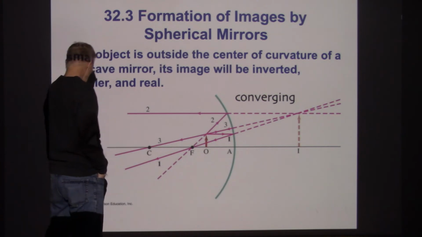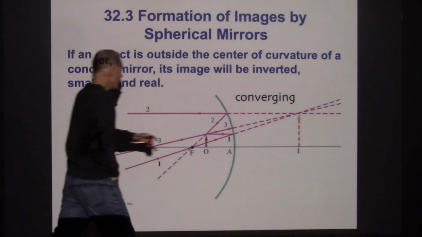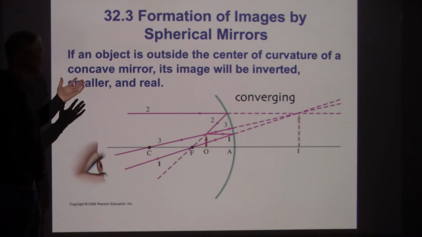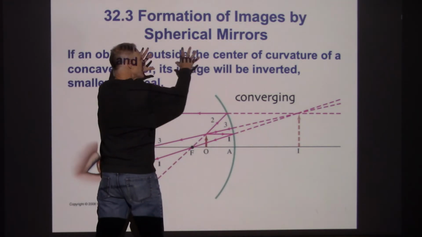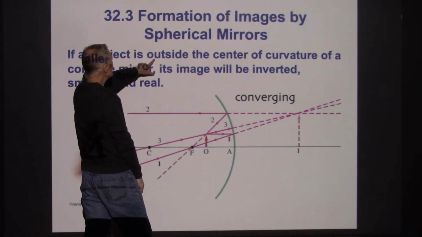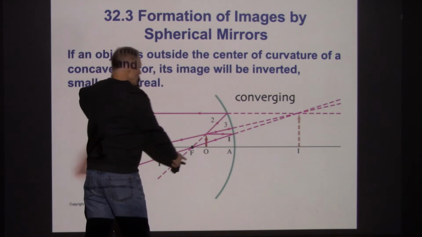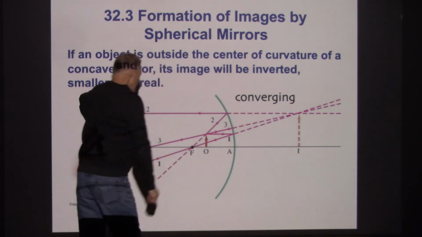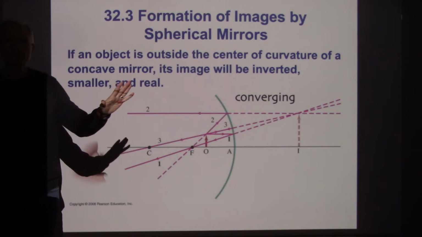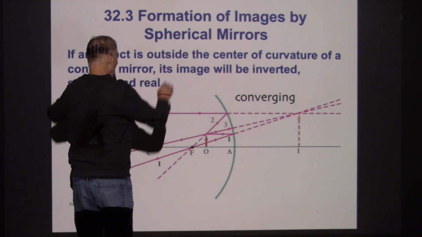What they're saying here is an example of an object placed outside the center of curvature. But what they're showing us in the diagram is an object that has been placed inside the focal point. Okay, so what they're saying doesn't match the diagram, so let's ignore what they're saying.